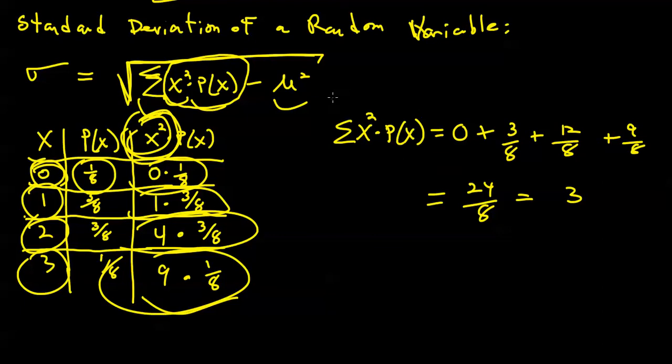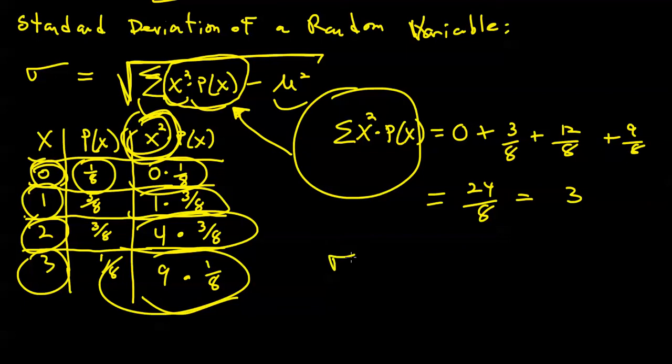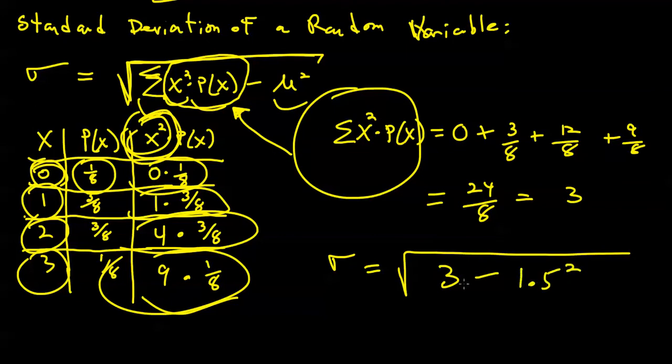So this value here now is going to be this part of my radicand in the standard deviation formula. So sigma, the standard deviation, is going to be 3 minus my previously computed mean, which was 1.5, squared. 3 minus 1.5 squared, and the square root of that difference. Let me get my calculator here.